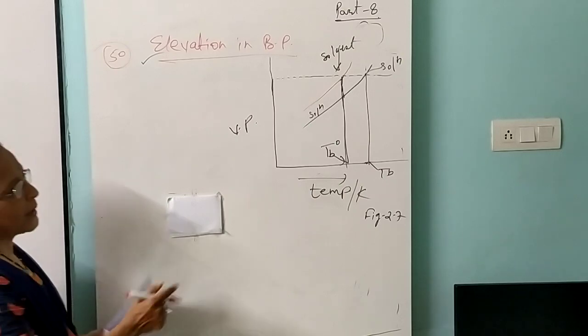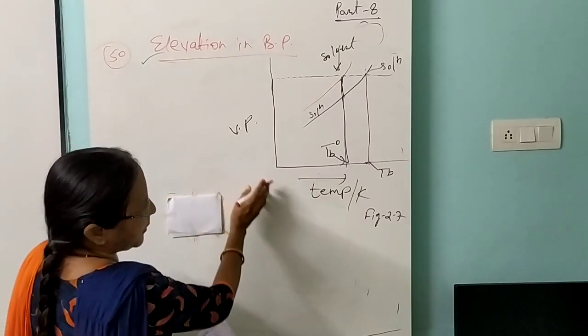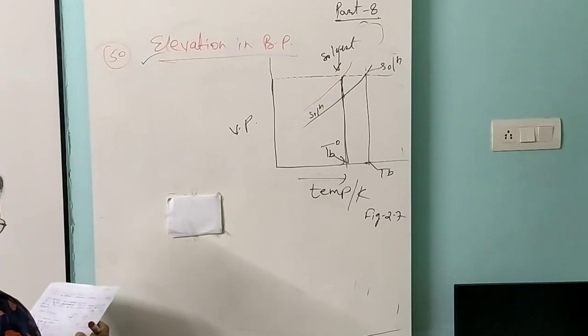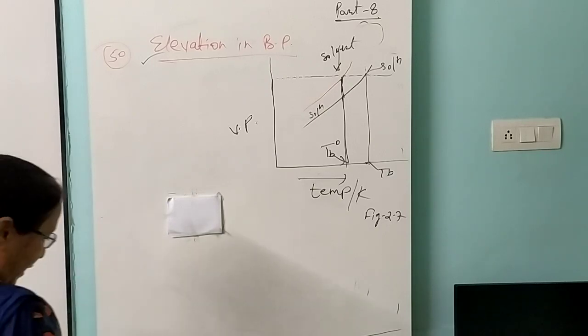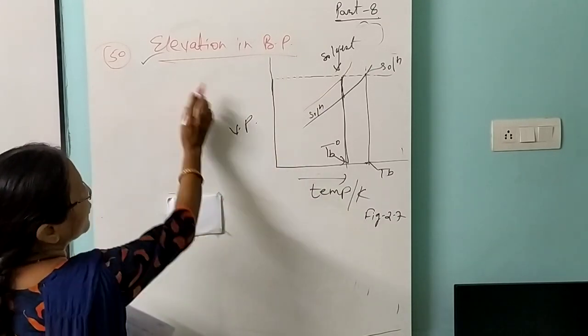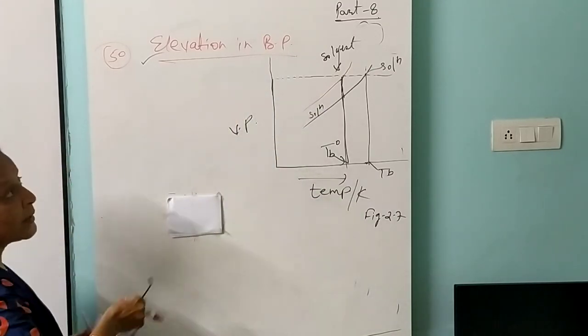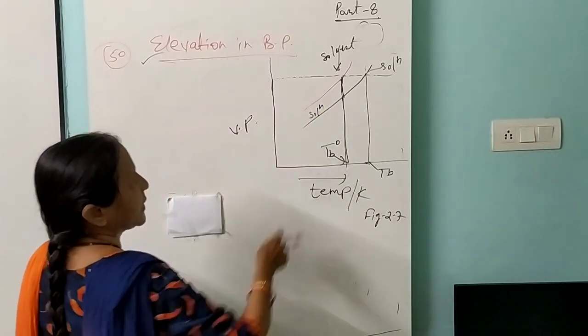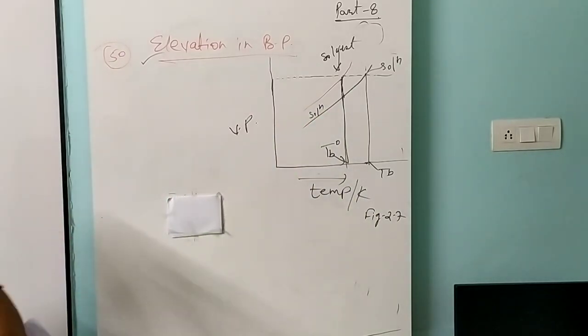If we plot vapor pressure against temperature for the solvent as well as for the solution, the graph is obtained in this way.